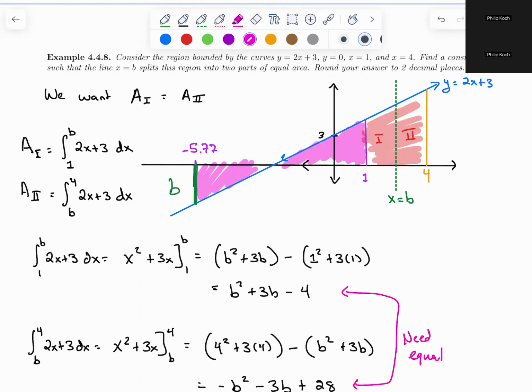But remember, you're integrating from 1 to b. So it looks like it's probably going to be, now my graph is not drawn to scale, but it looks like it shouldn't be as nice. Mostly it's because my drawing is not drawn to scale. This thing would actually go a lot further down.